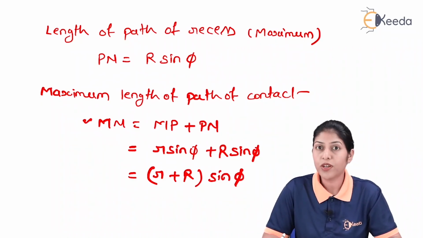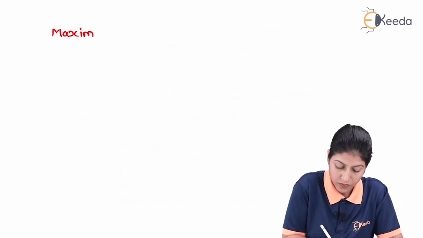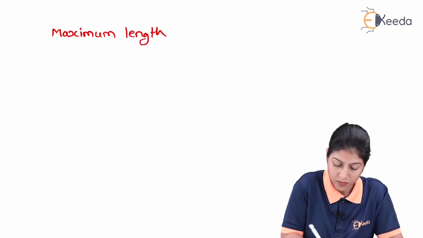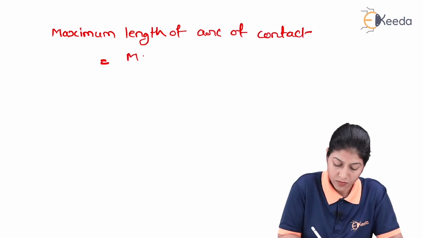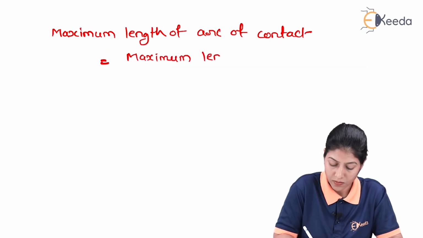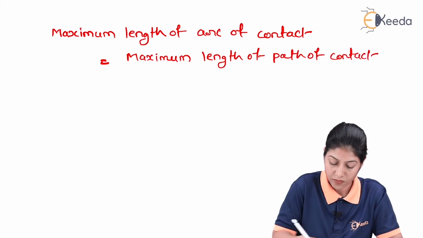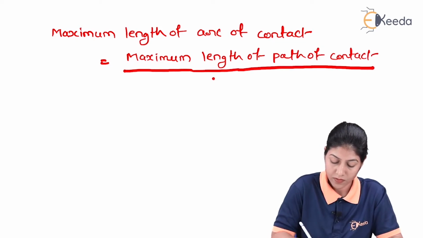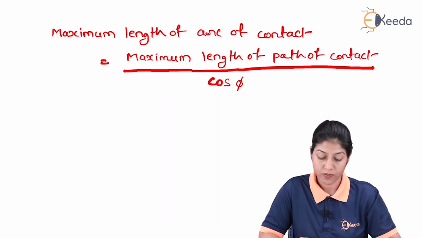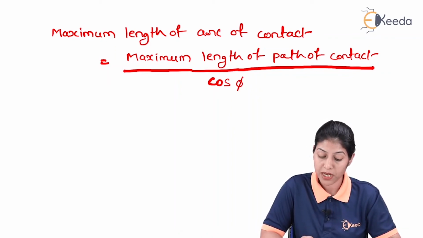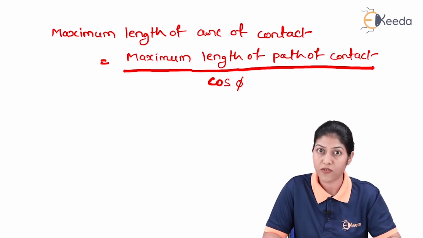Now, the maximum length of arc of contact is equal to the maximum length of path of contact divided by cos phi.